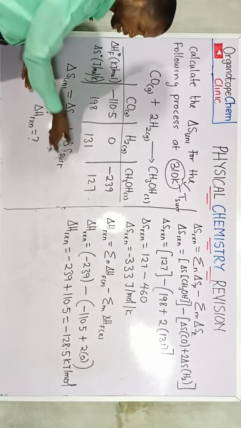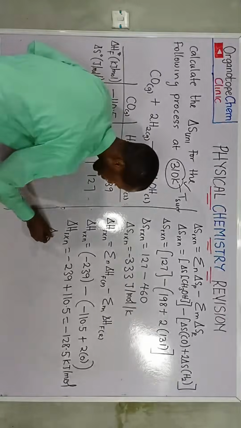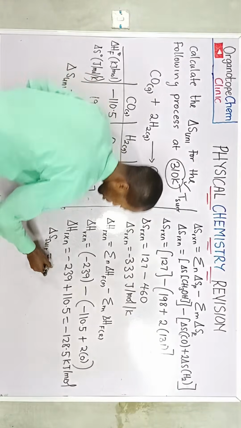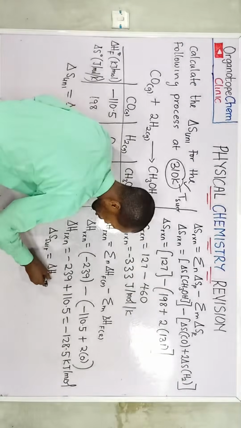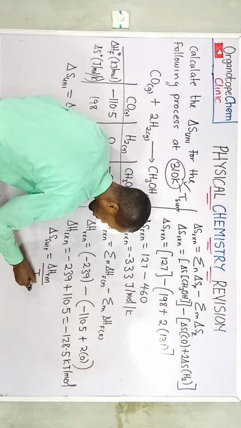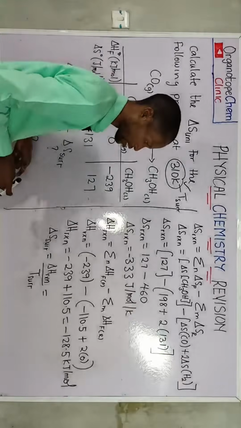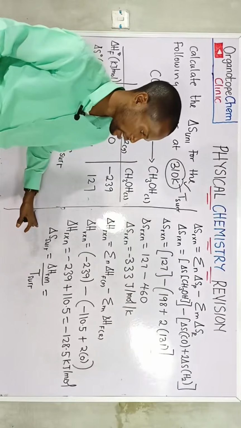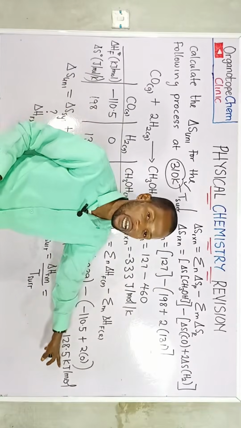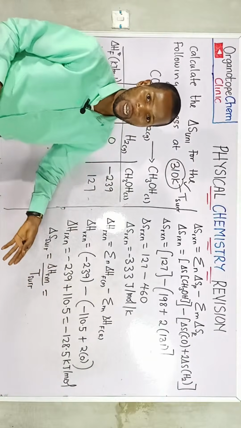We can now determine the entropy of the surrounding. So delta S surrounding equals delta H reaction, which is the same thing as that of the system, over T surrounding. Note that the entropy right here is in joule, so we have to change the enthalpy from kilojoule to joule by multiplying by 1000.